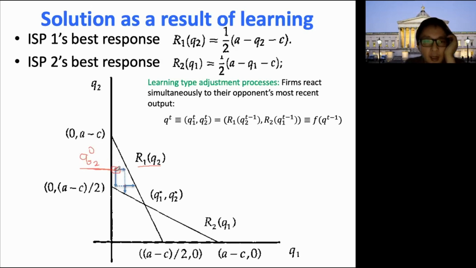Then I'm going to maximize my utility. Therefore, I will reach here. In other words, this is Q1, Q1 1. This upper script is really talking about the time steps.